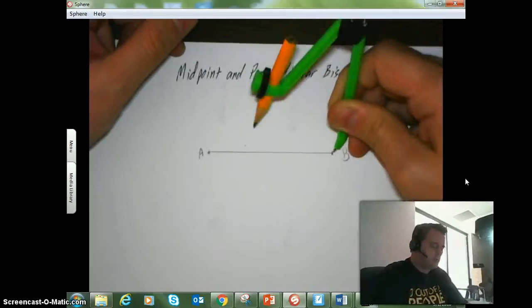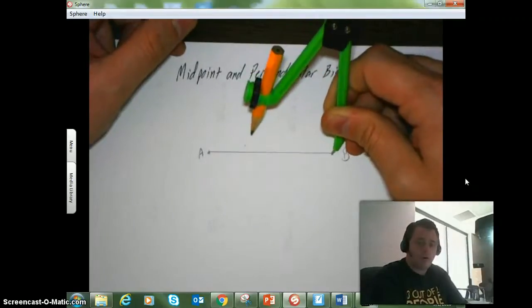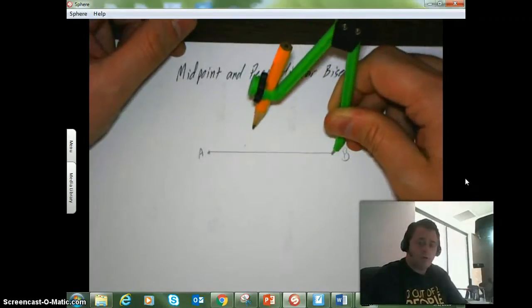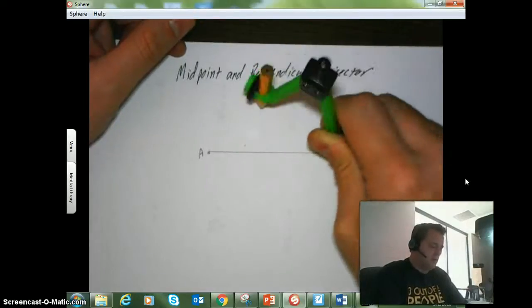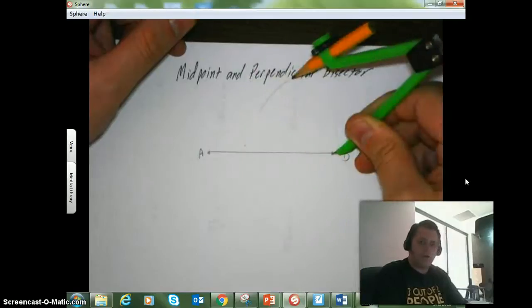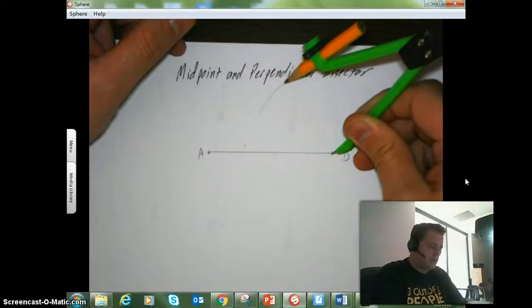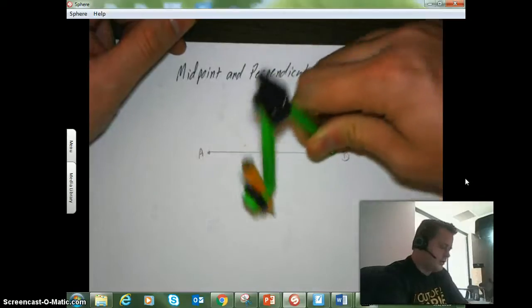I'm going to create a pair of arcs, on both the top and the bottom, on both sides of the line segment. I'm just going to make an arc. I don't really know how long it needs to be, so I'll just do that, and at the same time make one on the other side.